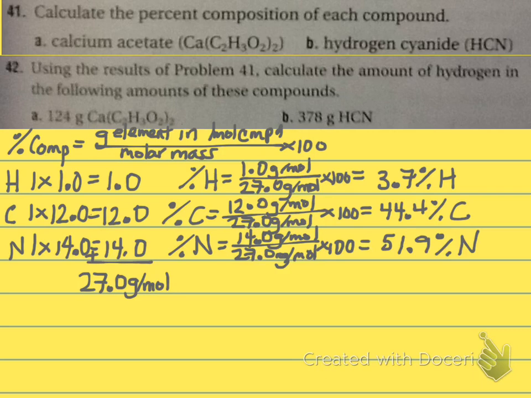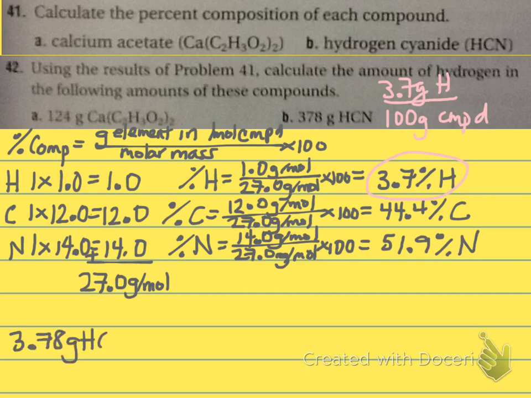Now doing 42, calculate the amount. Again, we're going to do the same thing with this. We're going to assume we have 100 grams of our compound, in which case we have 3.7 grams of hydrogen. So that's going to be the conversion factor we're going to use. This time they gave us 378 grams of our hydrogen cyanide. Grams of hydrogen cyanide go on the bottom. Grams of hydrogen have to go on the top.